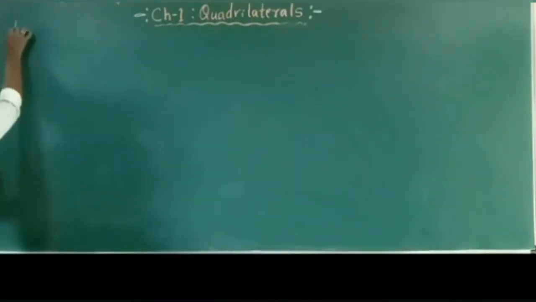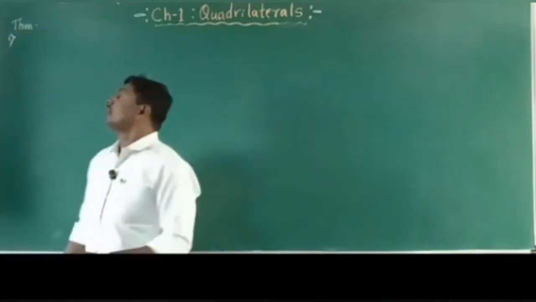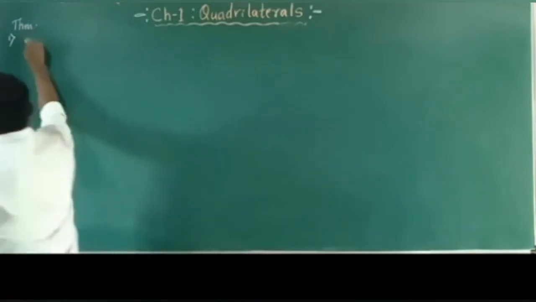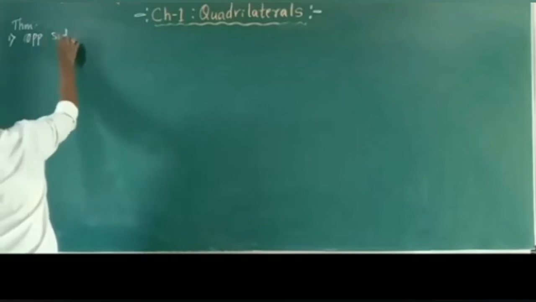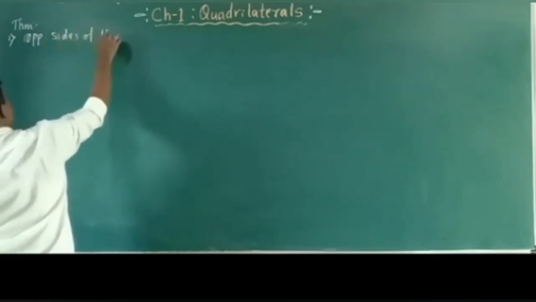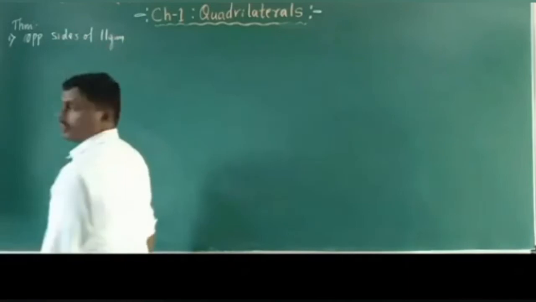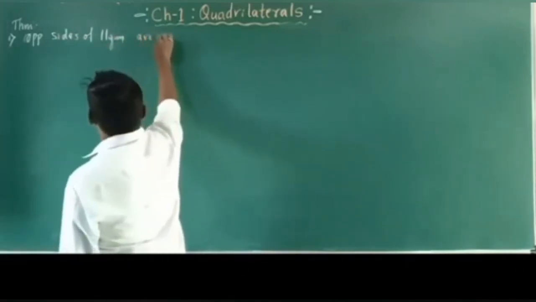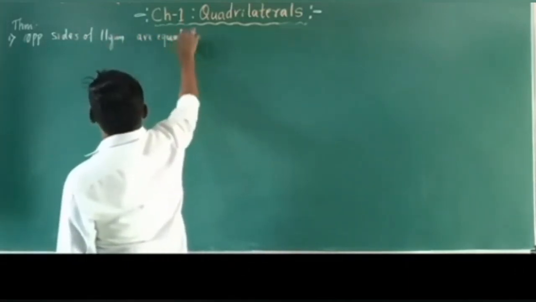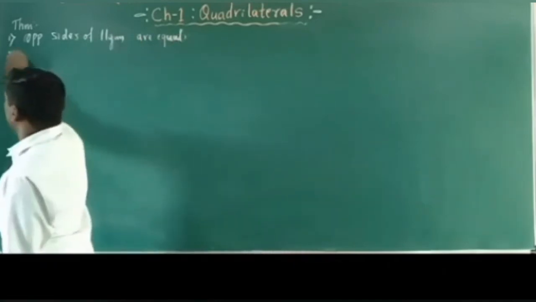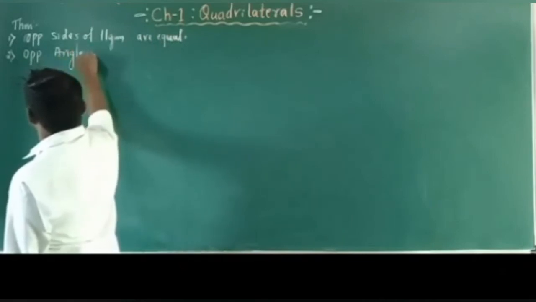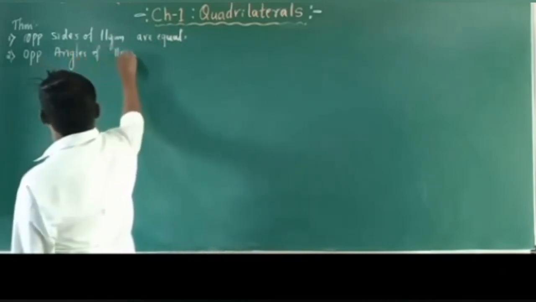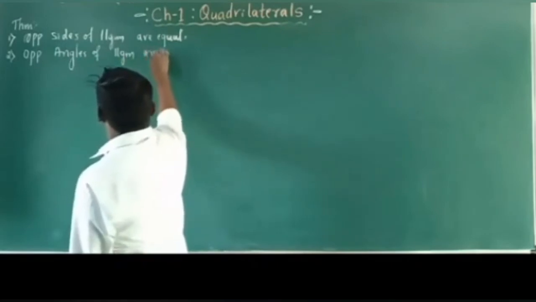So the first statement: opposite sides of a parallelogram are equal. Next, second one: opposite angles of a parallelogram are equal.